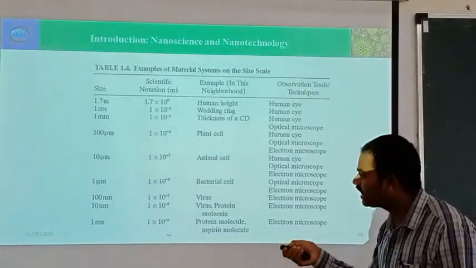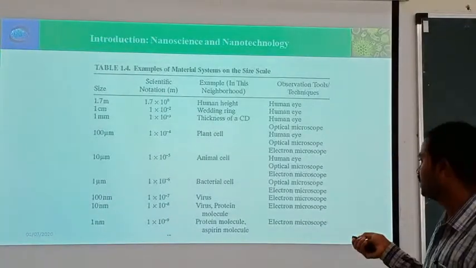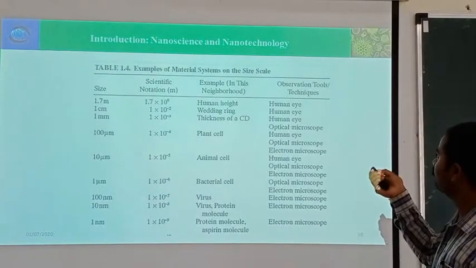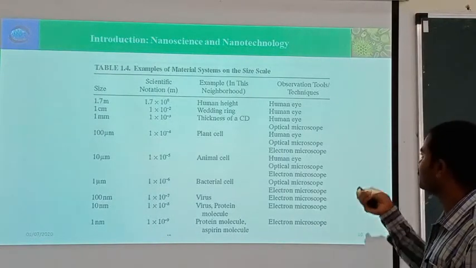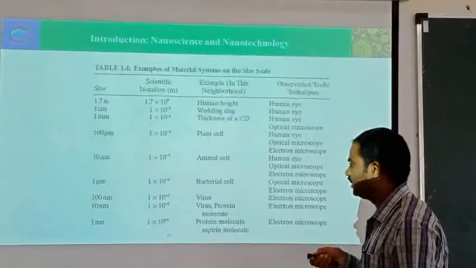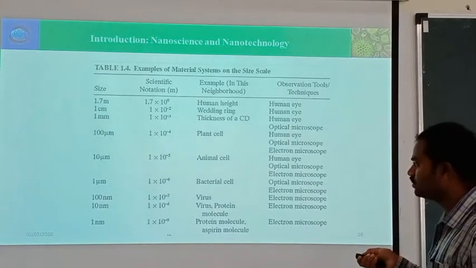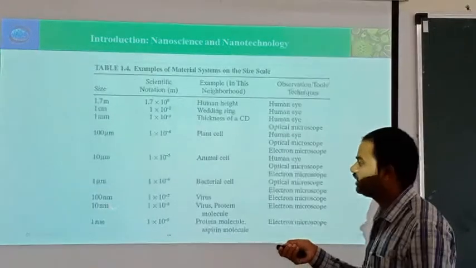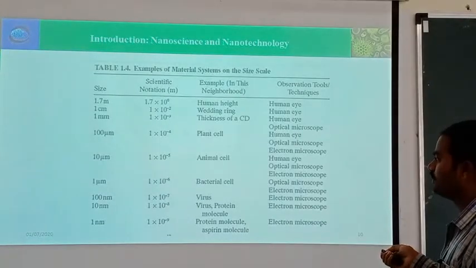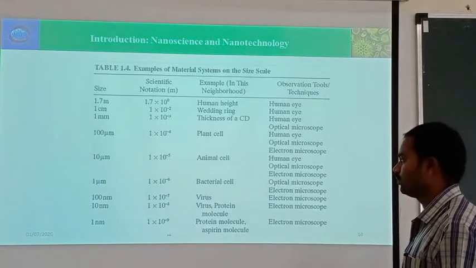Below that, at the 100 nanometer scale, some viruses have a size in the range of 100 nanometers, so you have to use an electron microscope to observe these viruses. Below that again, 10 nanometer, some viruses and protein molecules are present in this range, and you also have to use an electron microscope to observe them.